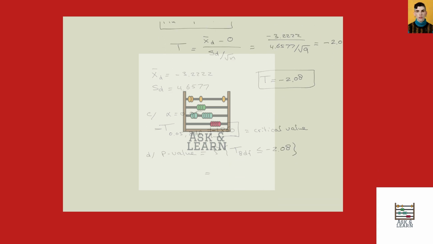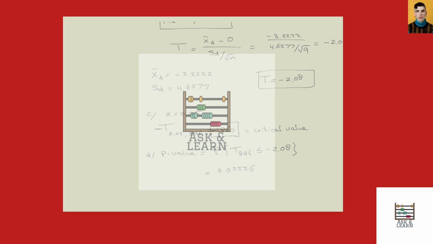And that is equal to, I have a T distribution with 8 degrees of freedom. I have a T value of negative 2.08. And I want my left tail. The p-value is 0.03556.